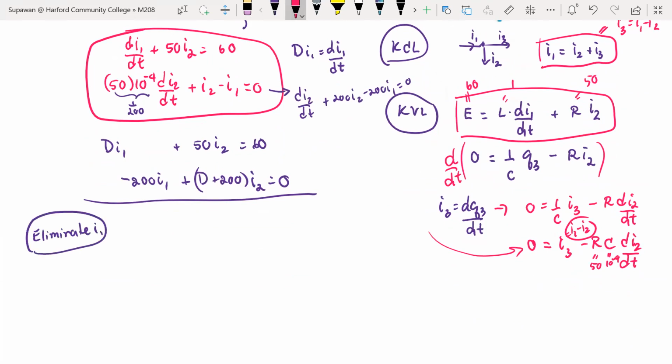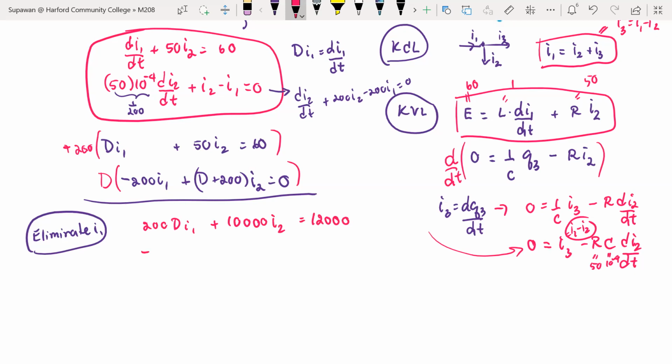So we are going to multiply the first equation by 200, and then apply the operator D to the second equation. So the first equation becomes 200 D I1 plus 200 times 50, that is 10,000, of I2 equals 200 times 60, that is 12,000.